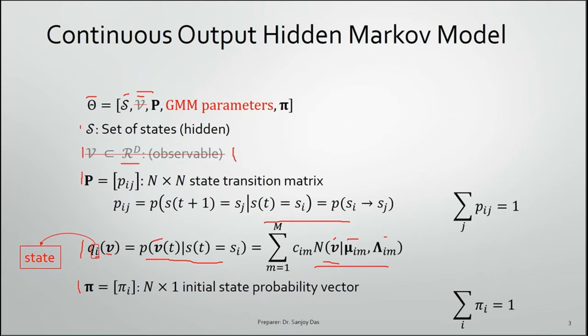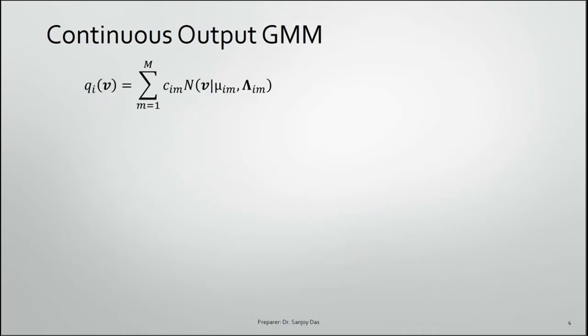So that's completely characterized in terms of the GMM parameters, which are c_im, mu_im, and lambda_im. And remember that we have a separate Gaussian mixture model for each state I. So here is the Gaussian mixture model for each state I. So this is the PDF Q_i(V), and that's a mixture of Gaussians.